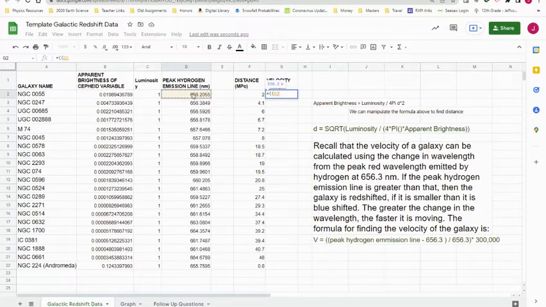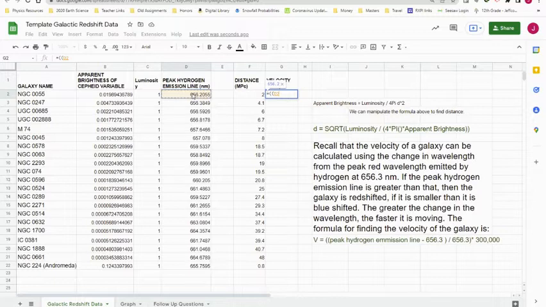So just a quick little segue here. Remember that the peak hydrogen emission line should be at 656.3 nanometers. In a laboratory, if we were to run a current across hydrogen and look at it through a spectroscope, we would see a peak line at 656.3 nanometers. But because the galaxies are moving, the lines are shifted and they are predominantly red shifted, so the number will be greater than 656.3.